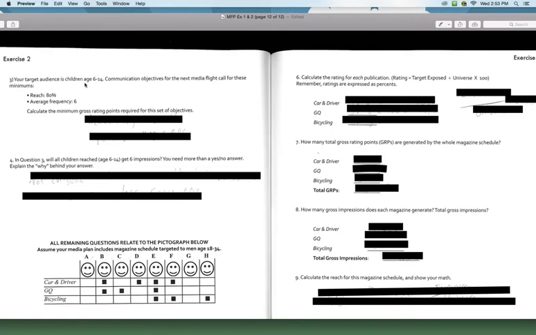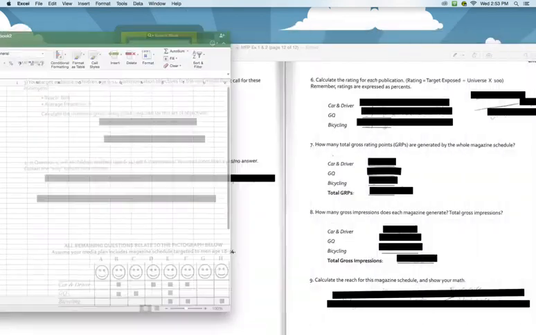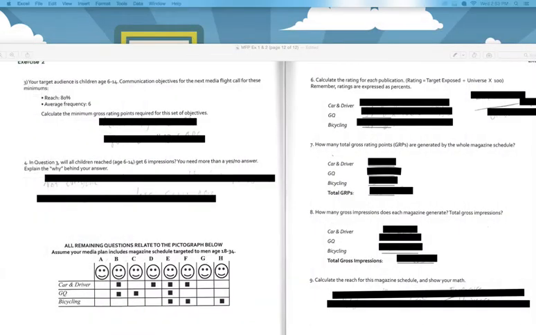So again, they won't necessarily reach the same amount, but it will average to that in particular. So again, 480 GRPs here, as well as the whole notion that this is what we'll gain, but not every child will reach 6 impressions by itself.